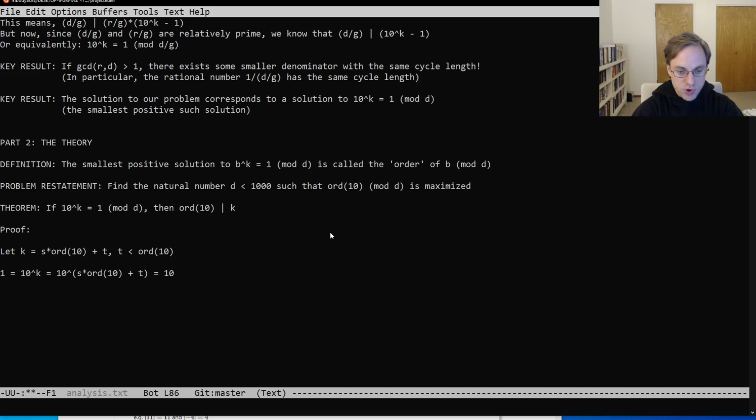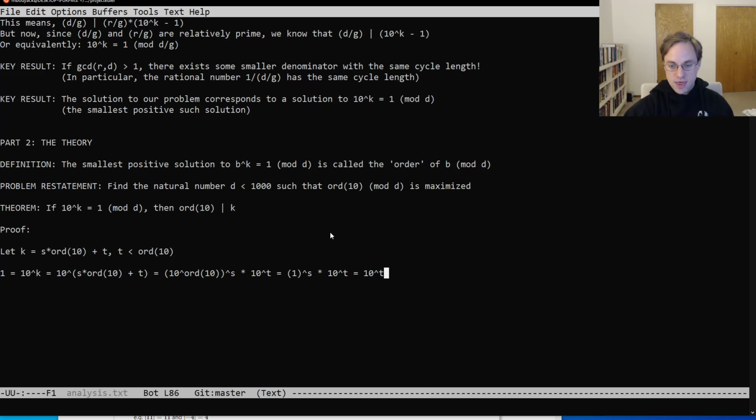And then by exponent rules, that's just going to be equal to 10 to the ord 10, to the s, times 10 to the t. But we know from the definition of the order of 10 that 10 to the ord 10 is just going to be equal to 1. So then we have 1 to the s times 10 to the t, which is just equal to 10 to the t.